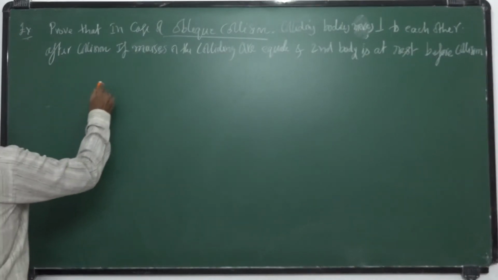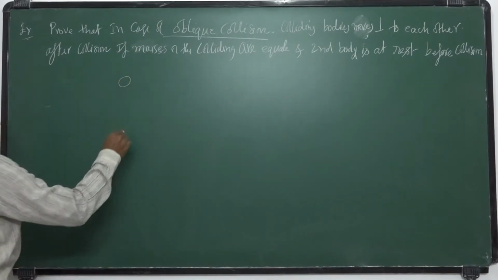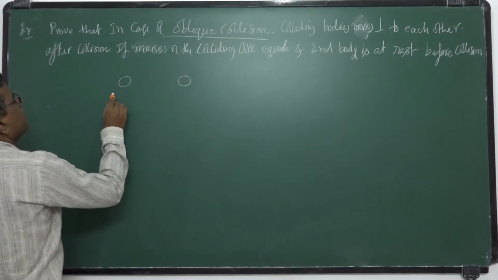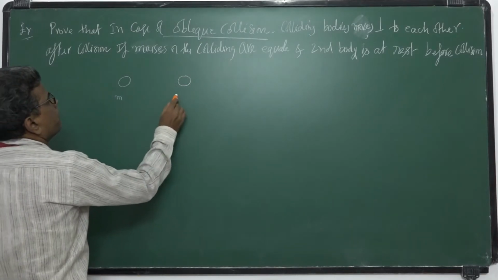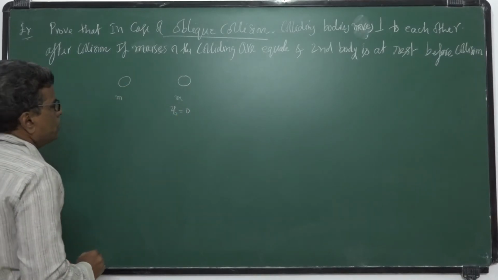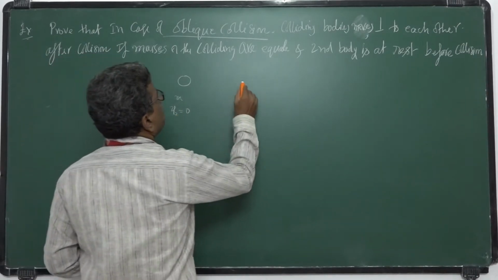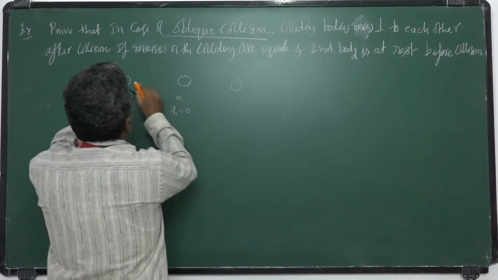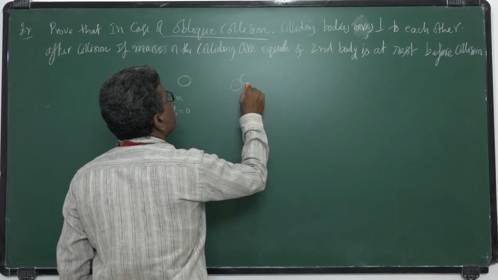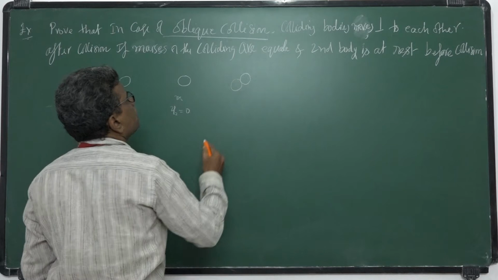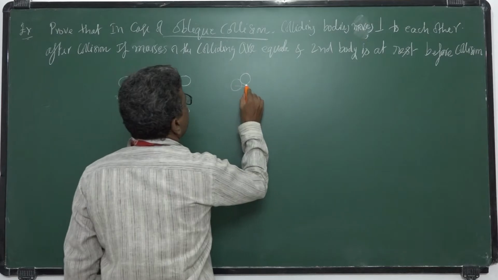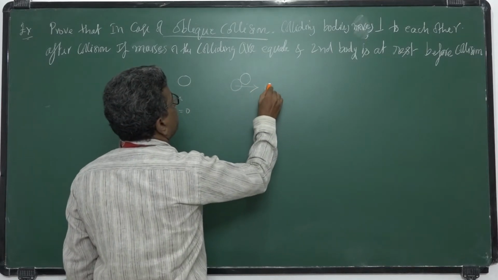Let us prove this. For that, you consider two bodies of masses m. Okay, they are identical. So m. Second body is at rest, u2 is 0. So during collision, the first body moves in this direction and the second body will obstruct this one. So the initial direction of motion for the first body, let it be u.